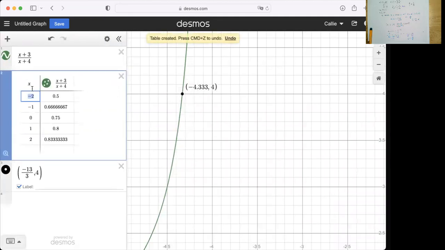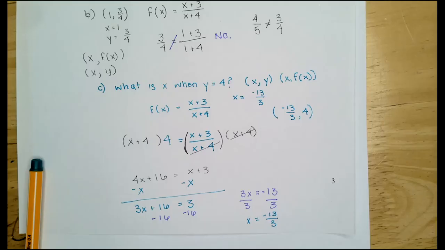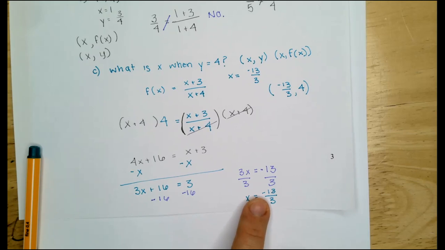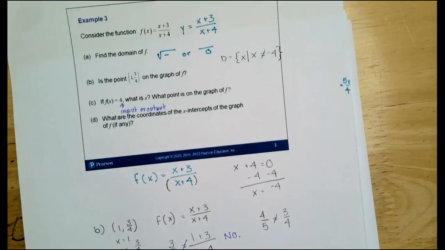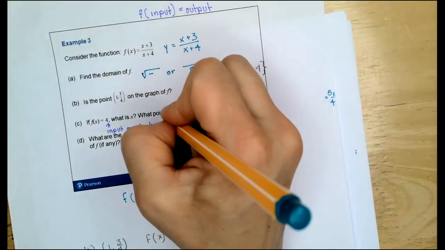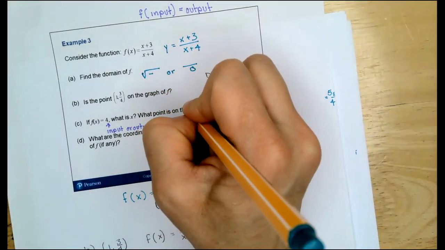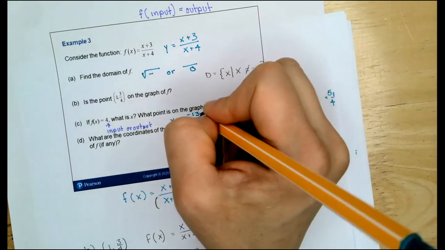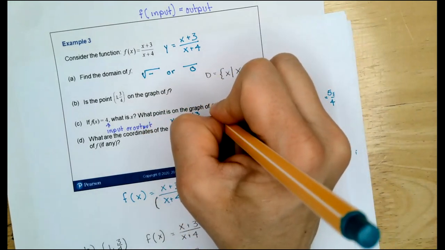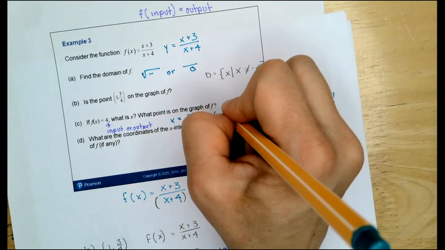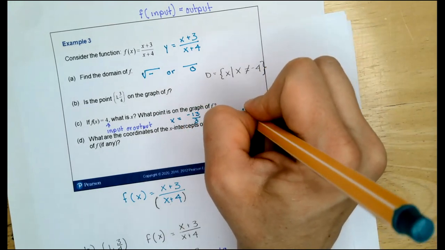Okay, so we found that that point is on the graph. So we would write the answer as x equals negative 13 thirds. And then the point is negative 13 thirds as our x, 4 as our y.